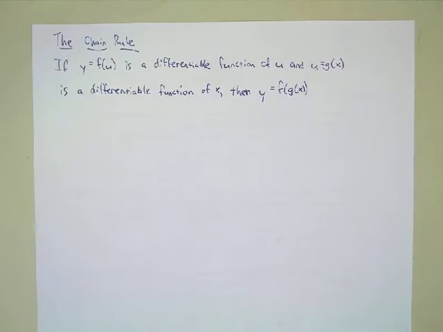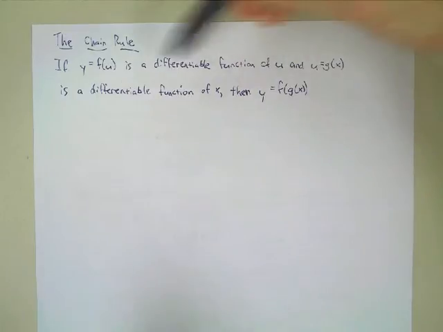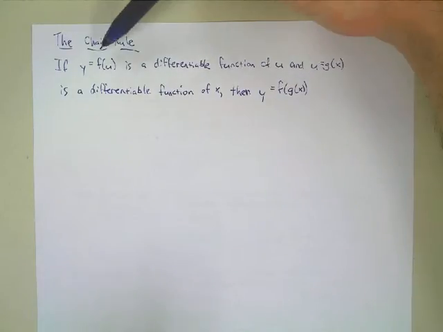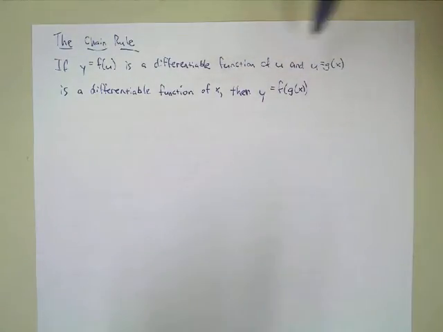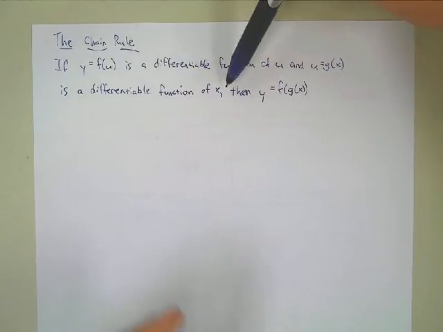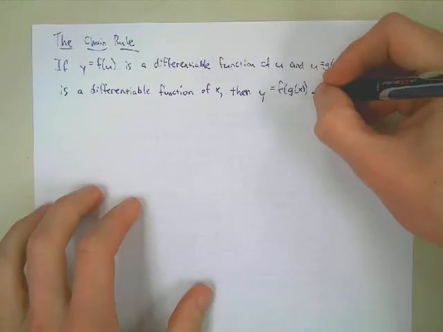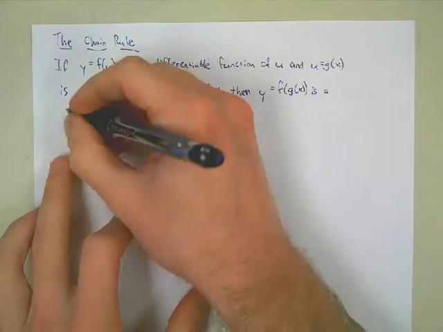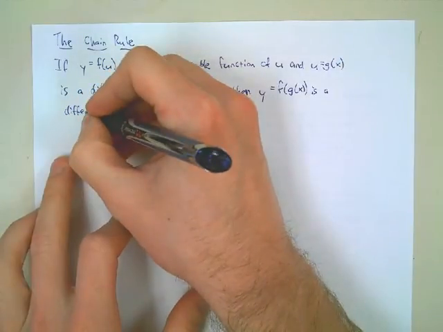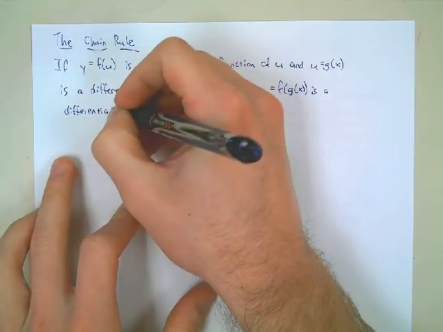All right, so again, basically we're breaking the two parts up first, and we're going to put them together. So we're saying f is a differentiable function of u, g is a differentiable function of x, then y equal to f of g of x will also be a differentiable function of x. So plugging a differentiable function into another differentiable function will still yield a differentiable function.